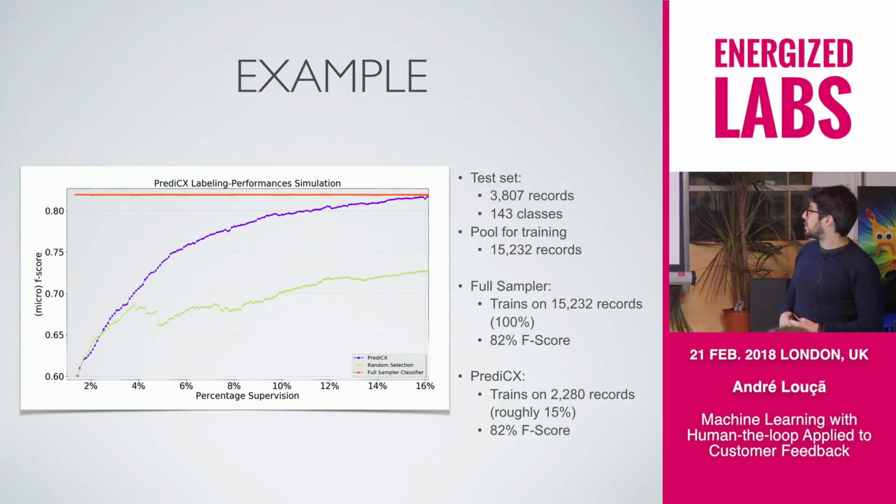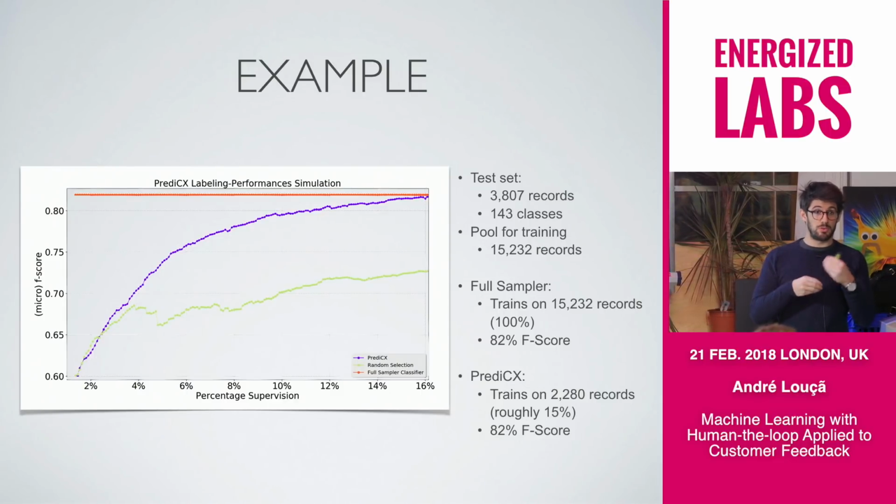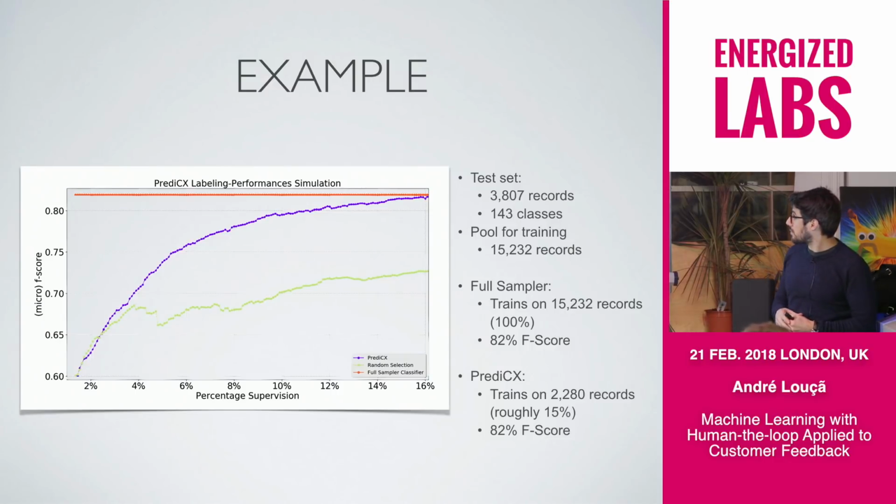What we achieved was that, using 100% of the data set of that pool, we achieved 82% F-score. F-score is a harmonic mean that combines precision and recall, which is one of the ways to measure the performance of a model.